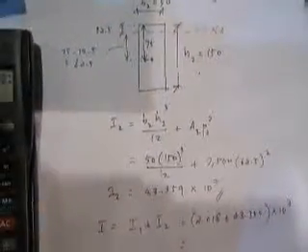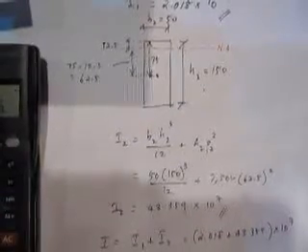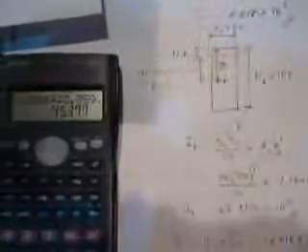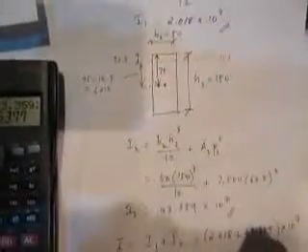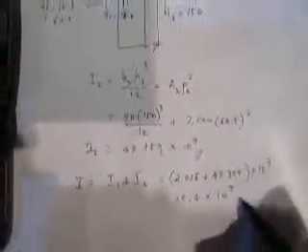This gives 45.377, which I round up to 45.4 times 10 to the power of 7. Okay, so that is the answer.